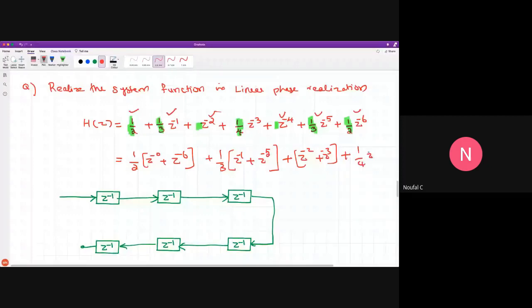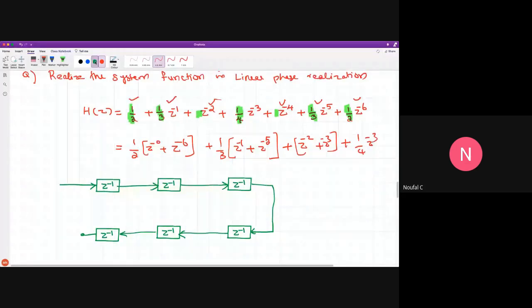Okay. So z raised to -0 and z raised to -6 have to be added together. So I'm drawing a summer over here, and the values, let me copy this one first. You can take the summation, one from this point, another one from this point.